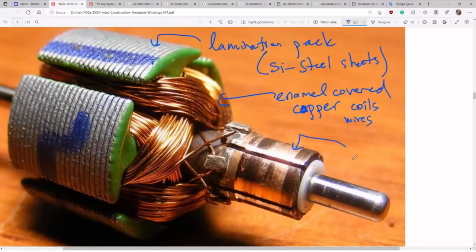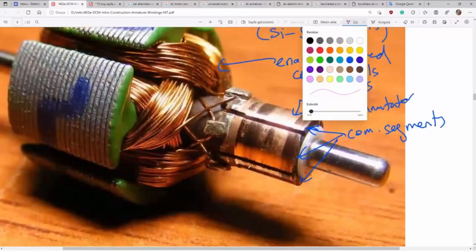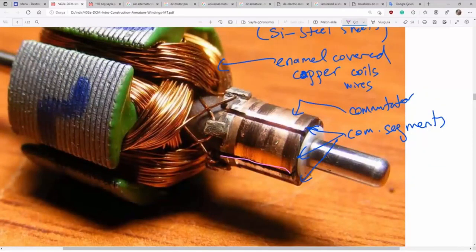You see a commutator, and here are commutator segments, and between commutator segments, in fact, here are some mica insulators, mica insulators.